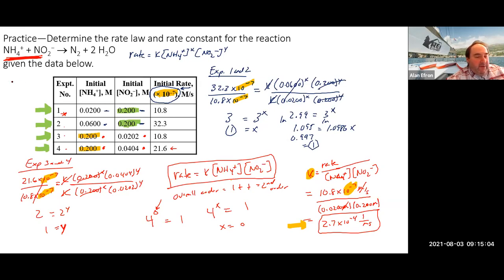And that's why we usually see those orders for x or y, or even the overall order, as being 0, 1, 2, maybe 3 or so. And those are usually the more common ones that we see a lot. Any questions on that?